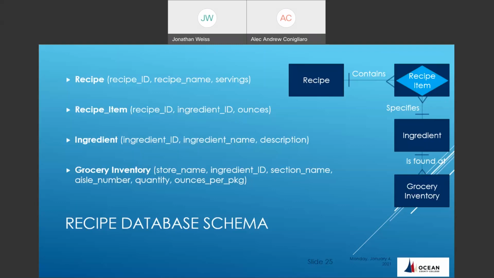So this ingredient ID is a foreign key in grocery inventory. I need a different color marker. This is the foreign key because it points to an ingredient in our ingredient table. Does that make sense to everybody?